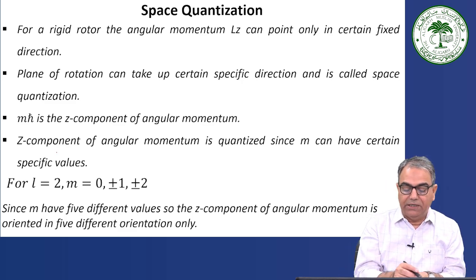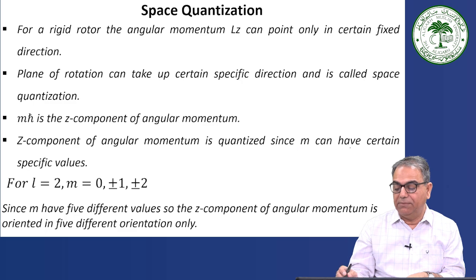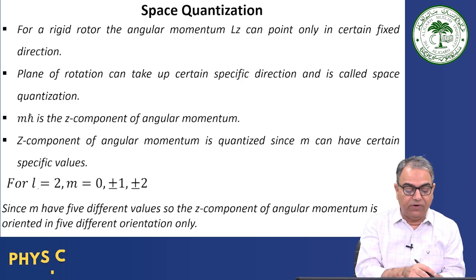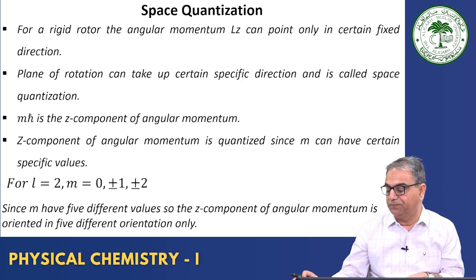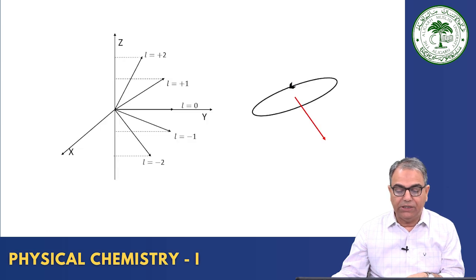So if the z component of the angular momentum is quantized, since m can have certain specific values, for L equal to 2, m can have these values, and the quantization is like this one. This is your z component, the Lz component, and this is your rotation value.